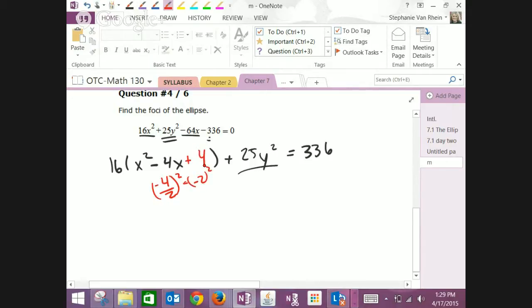So if I did it to the left-hand side, I have to do it to the right-hand side. And I didn't add just 4, I added 4 times 16. So whatever I did to the left-hand side, I have to do to the right-hand side. Now doing that, I get a perfect square.